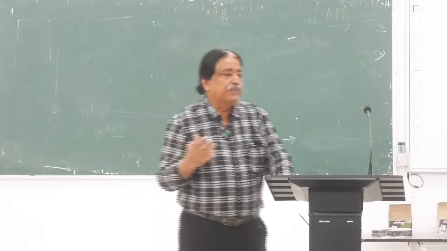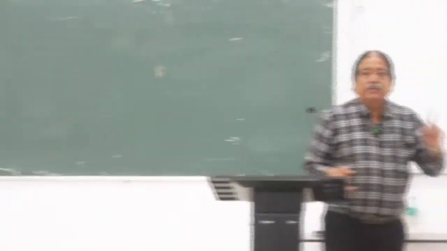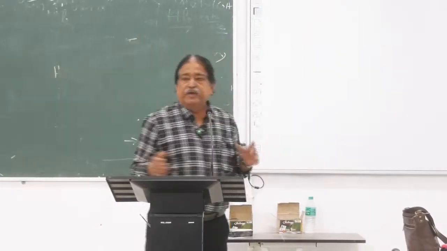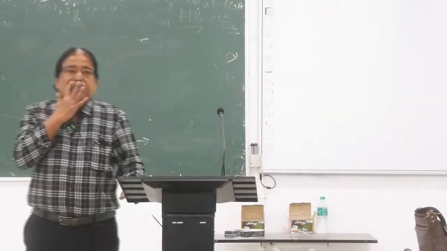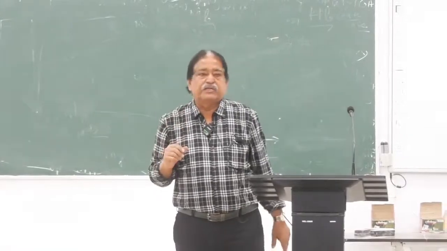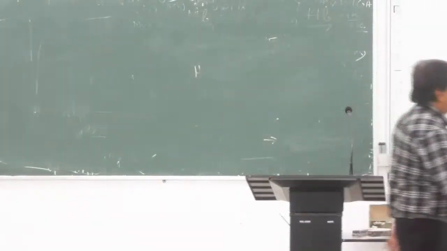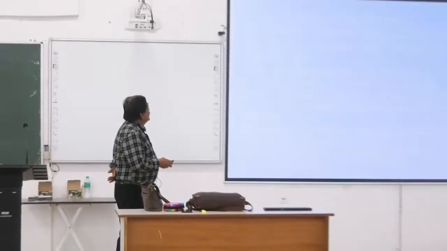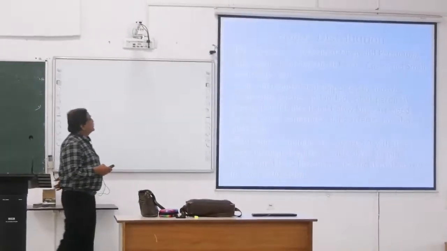With this little bit of introduction, now venous and lymphatic drainage, inferior extremity. It will be overlapping. Actually, this is a small lecture. Now the venous distribution.